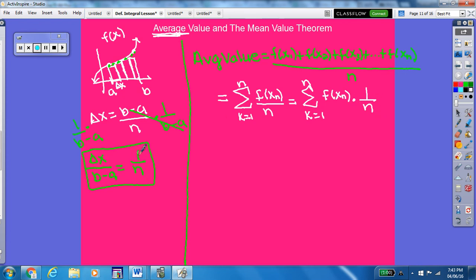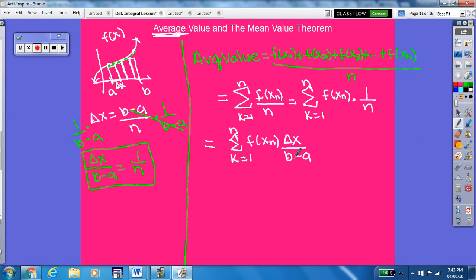Remember we said 1 over n is delta x over b minus a? So we're going to take this 1 over n and replace that with delta x over b minus a. So my next step will be to take my summation notation, k equal to 1 and f of x sub n, that's still there. But instead of 1 over n, we're going to replace that with delta x over b minus a.